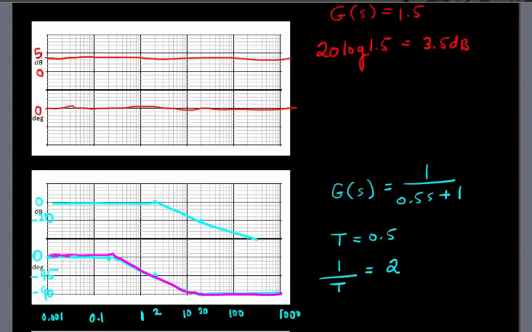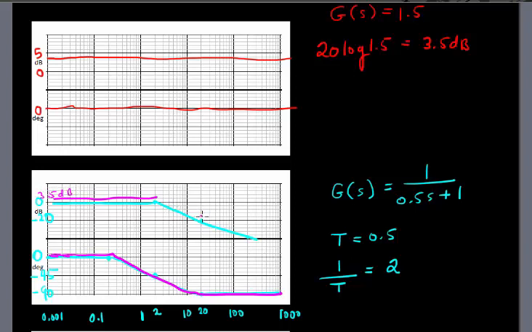So that scale is a little bit larger than this. This one goes 0 to minus 20. So going up by 3 dB is really only going up by about one of these little squares. So every point on here goes up. So that is the 3.5 dB point.